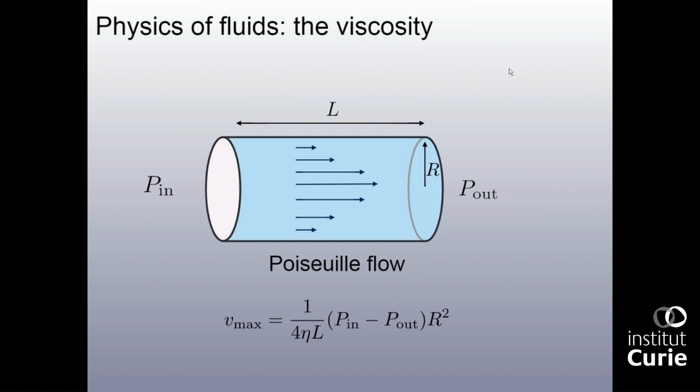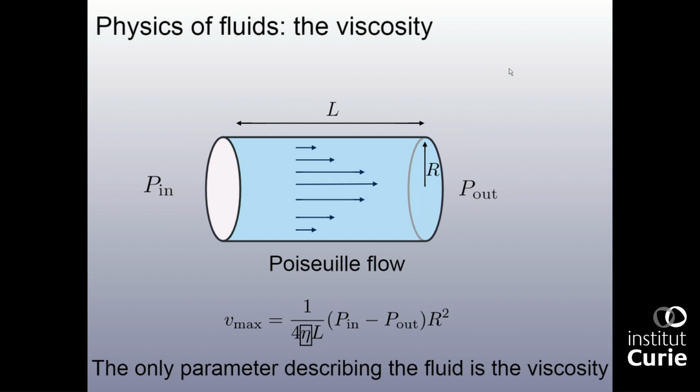It depends on some geometrical parameters that describe the tube, and on the applied pressure. And in fact, there's only one parameter that really describes the fluid, which is the viscosity. So in the end, it doesn't really matter how complex the fluid is, whether it's made of water or honey. If it behaves as a Newtonian fluid, everything can be described just by knowing the viscosity, one parameter.